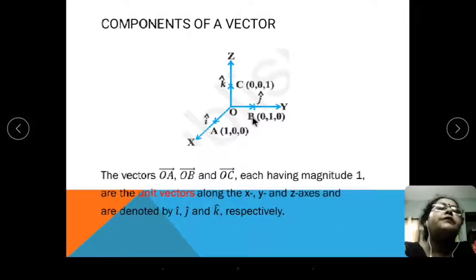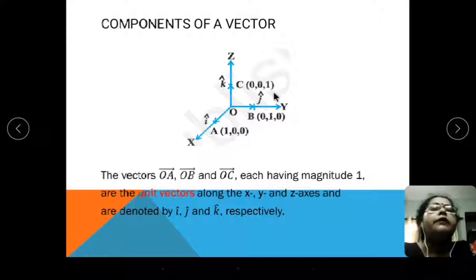Similarly, if B stands for the point 0, 1, 0, then OB is again representing a unit length, and therefore the vector OB will represent a unit vector in the y direction represented by j. And along the z direction, k stands for the unit vector, which is here OC, since C represents the point 0, 0, 1.